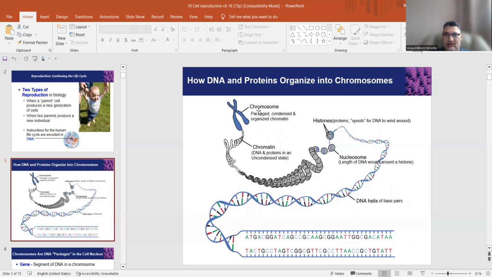Chromosome is the same thing, DNA around protein, which is histone, but this one is condensed, to prepare for the reproduction that we will understand more about later. The part of the DNA wrapped around histone, I'm not talking about the whole thing, the whole thing is called chromatin or chromosome. But this part of it is called a nucleosome.